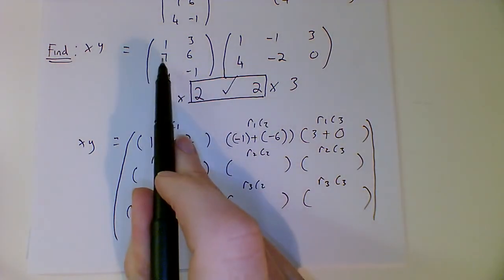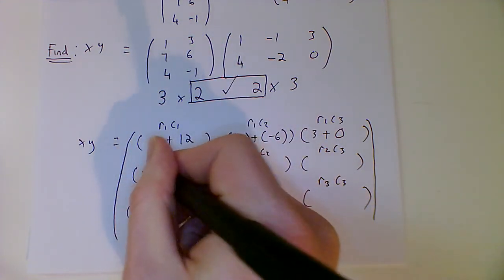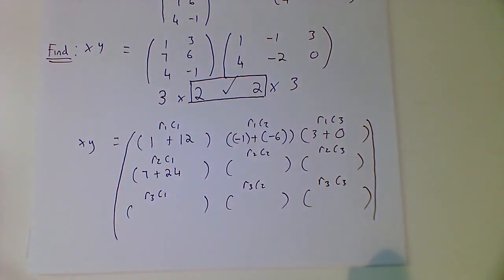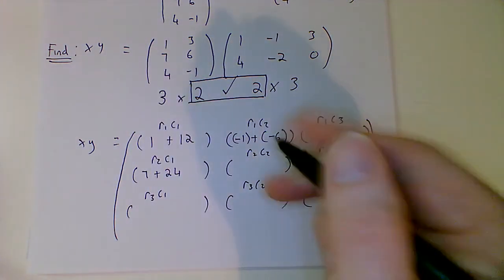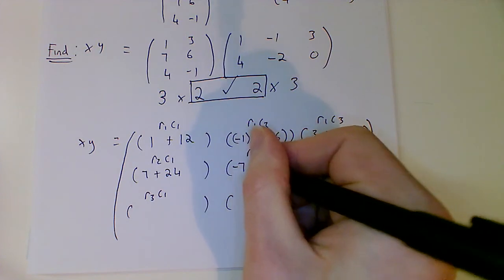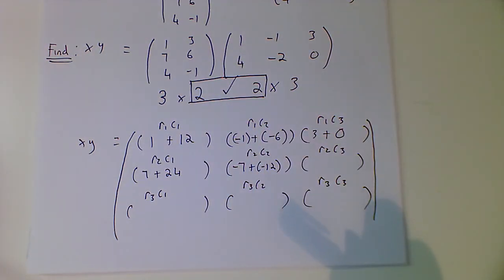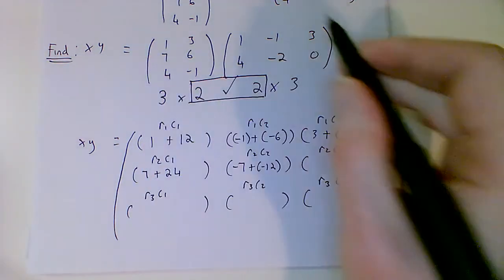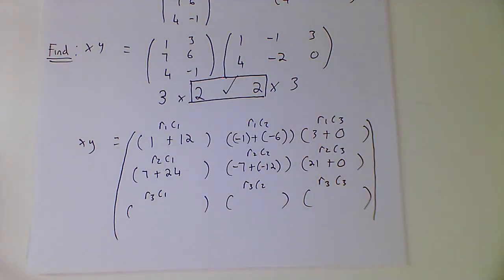Okay, row 2 times column 1, so that's 7 plus 24. Then row 2 times column 2, so that's -7 plus -12. And then 21 plus 0.